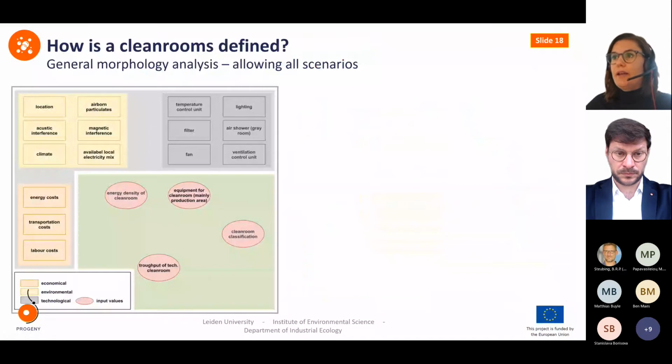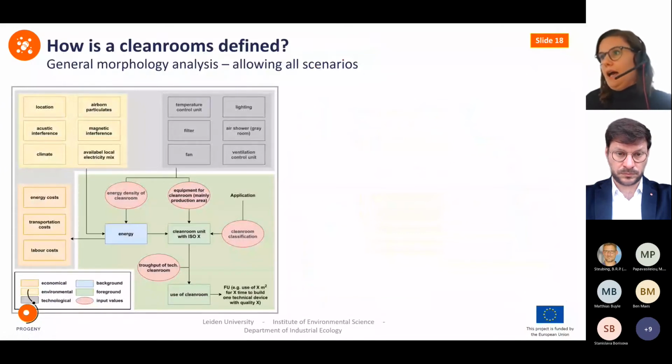And then the energy density of a clean room, so how much energy do we need to maintain this clean area? And then, of course, the throughput of the device, how many of the devices can be assembled in a certain time. And here are just some of the connections to the other morphospaces. And we let the functional unit be very loose, so we allowed all the ISO classes of the clean room.